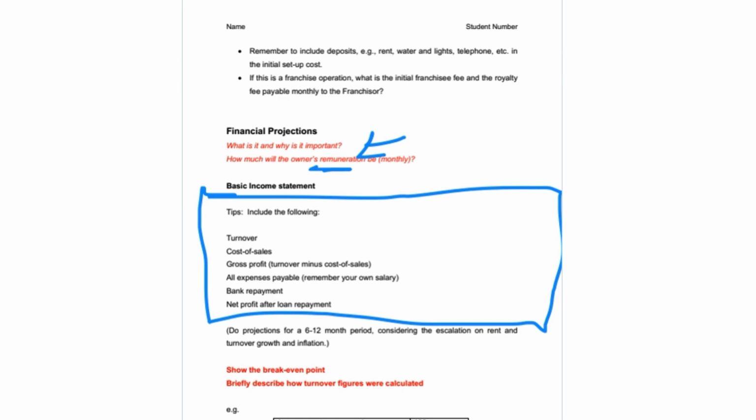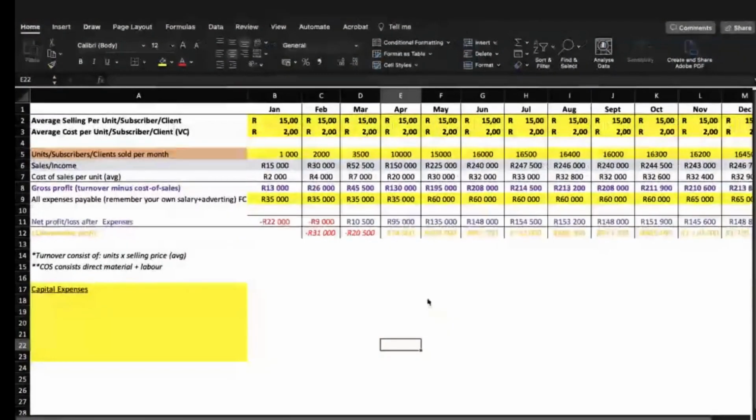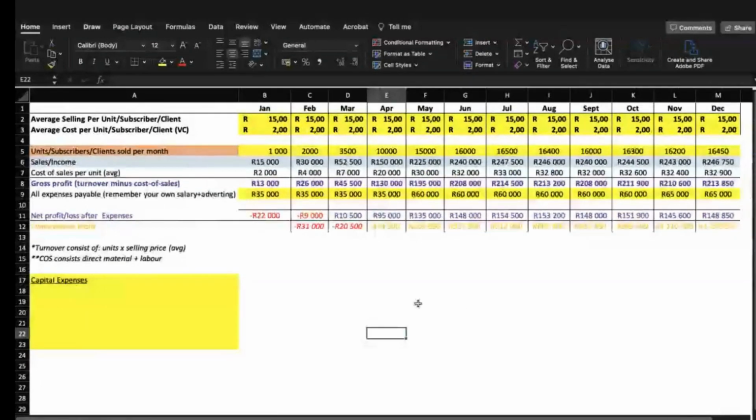Let me quickly share my screen, and then we can have a look at that. Share application. Go. So this is what I've prepared for you. It gives you a very basic 12-month projection. It gives you your average selling price per unit.